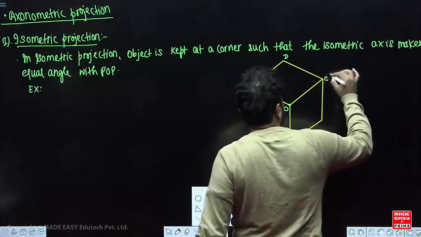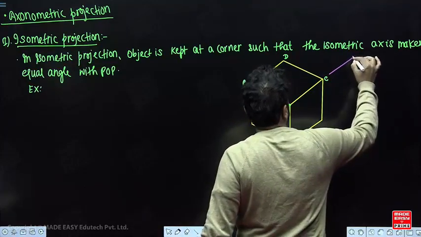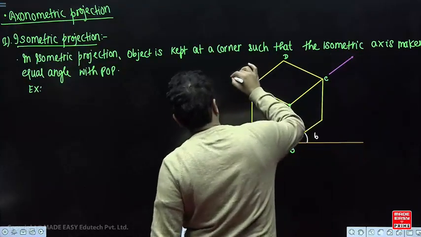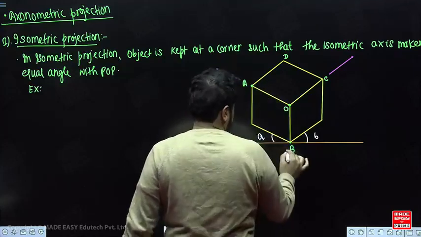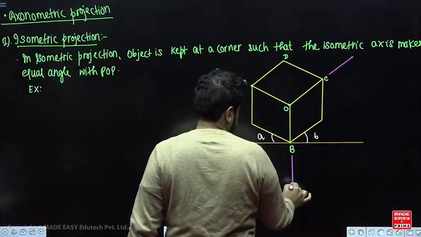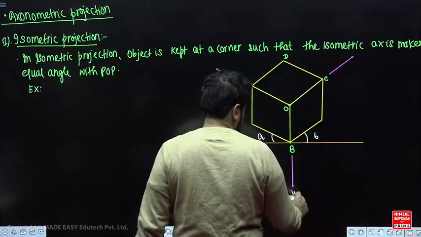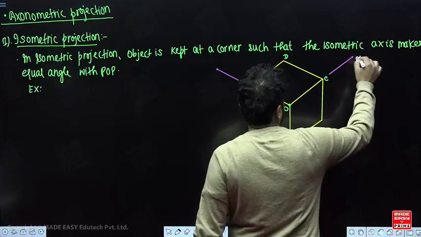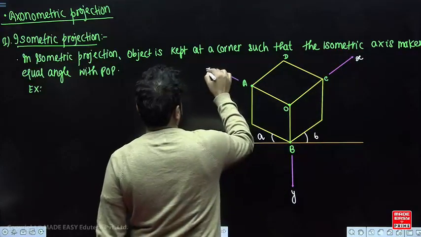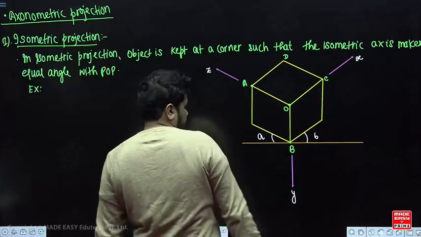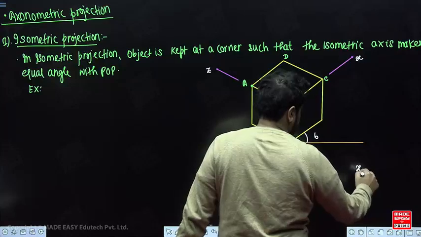Moreover, this is the isometric axis. So this is Y, this is X, and let us say this is Z, correct? So X, Y, Z is called the isometric axis.